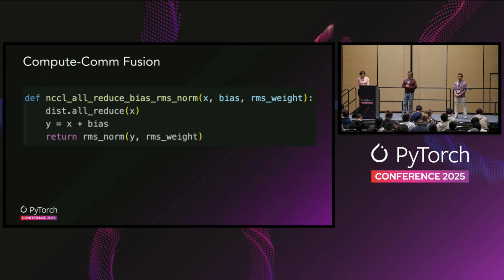When we use this model for inference, the input can be as small as 10 kilobytes. This poses several issues. First, NCCL all-reduce is not designed for low-latency use cases. And also because the input is so small, the 3 kernel launch overhead can be a problem. So let's see how we can use Triton and symmetric memory to solve both issues.